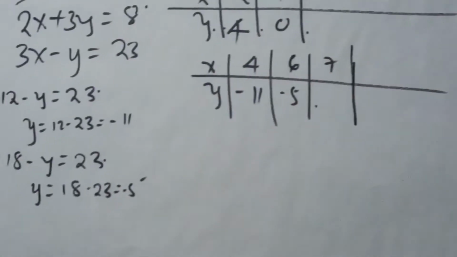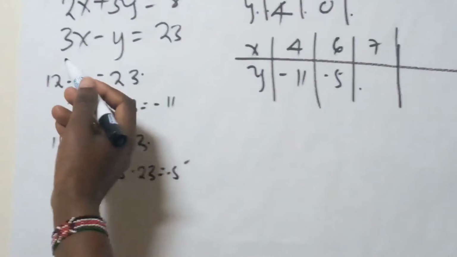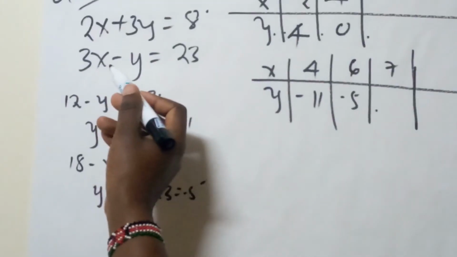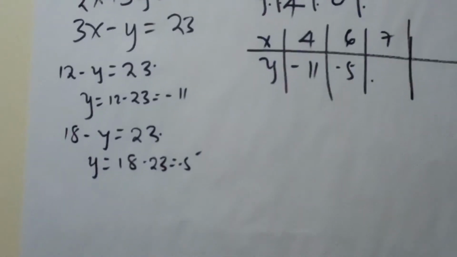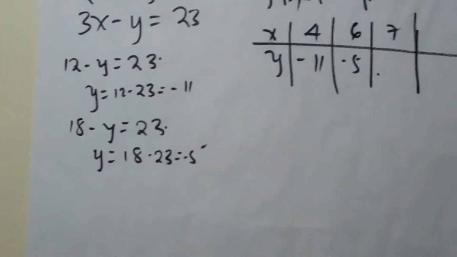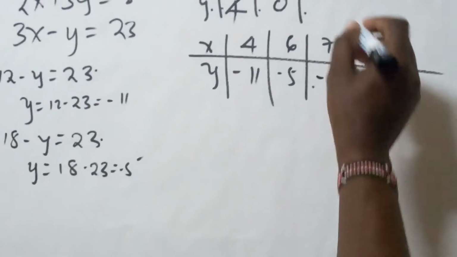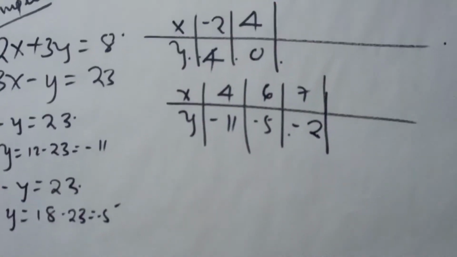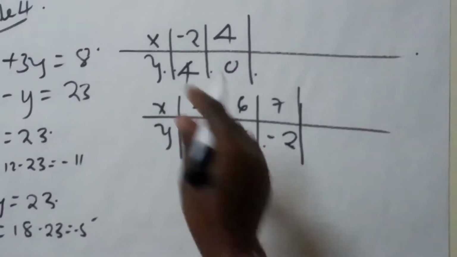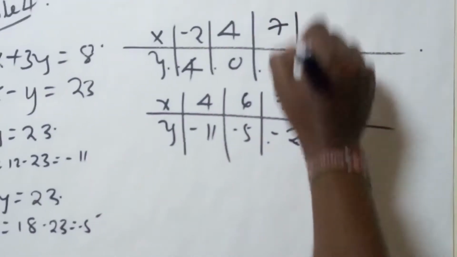What about 7? 7 times 3 is 21, minus y is equal to 23. So y is 21 minus 23, which is minus 2. We have taken 3 points. Probably we can even add that point on the upper graph there.